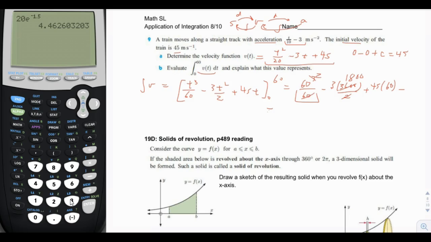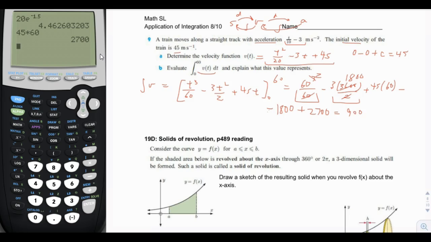This would be 3600. This would be minus 3 times 1800. So 3600 minus 3 times 1800 would be negative 1800. So we'd have negative 1800. And then 45 times 60, I think that would be some multiple of 1800 too. 2700. 2700 minus 1800 is equal to 900.